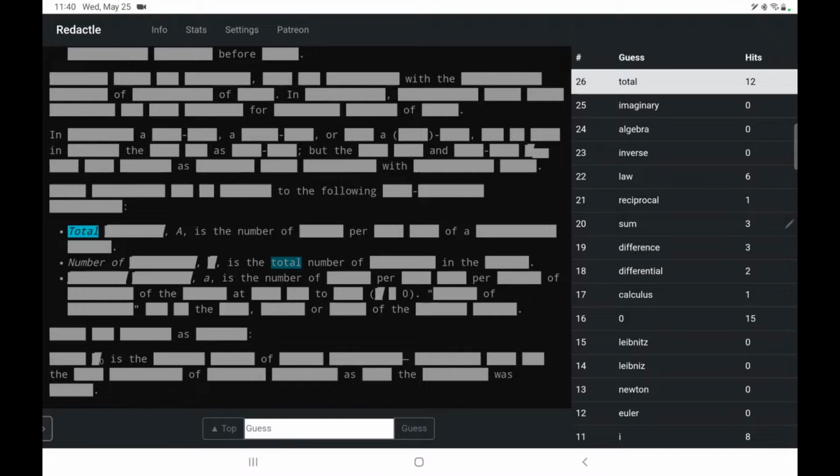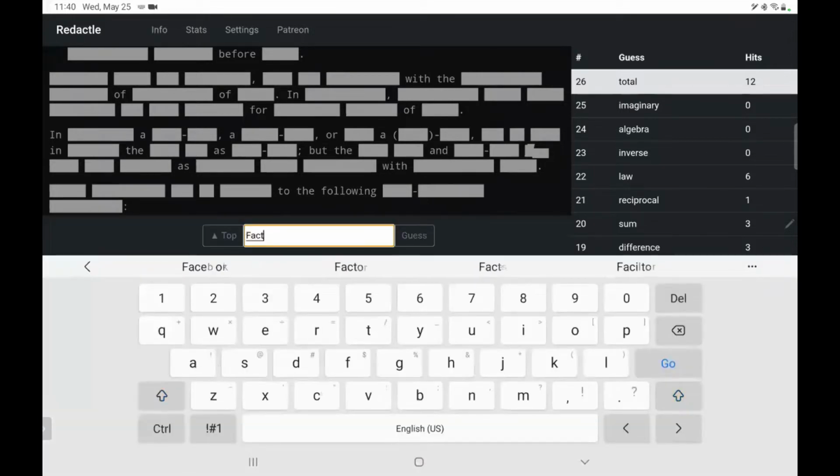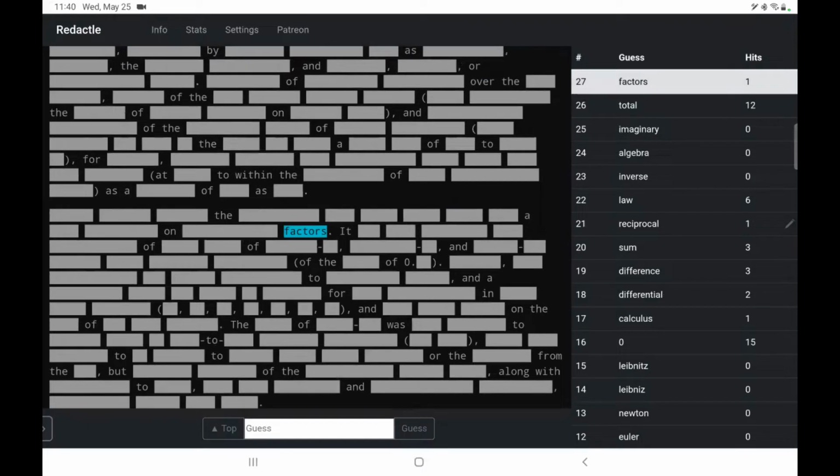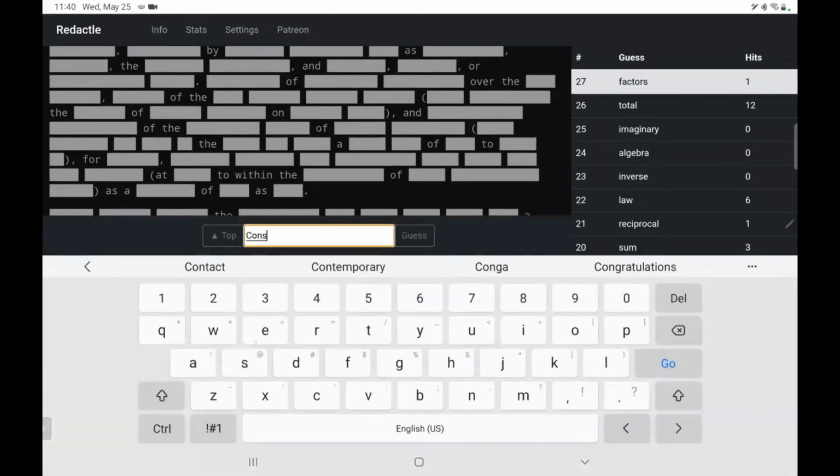Then we have another definition here, a number of. How about factors. Consecutive.